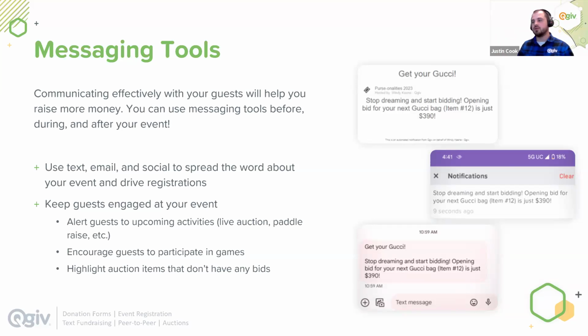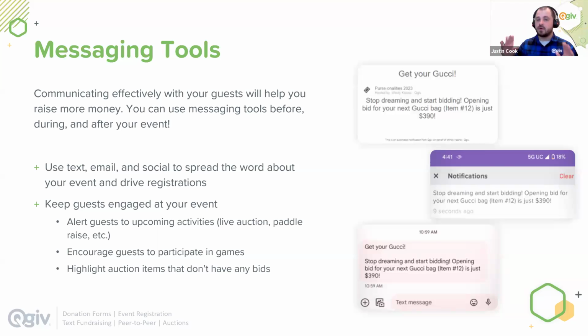So things that you can utilize to alert guests to very quickly and get more guests to participate. Additionally, encouraging your guests to participate in any revenue enhancing games that you have. We'll dive in a little bit more into revenue enhancing games, but just drawing general awareness to your guests that those games are available is certainly a great way to do this.